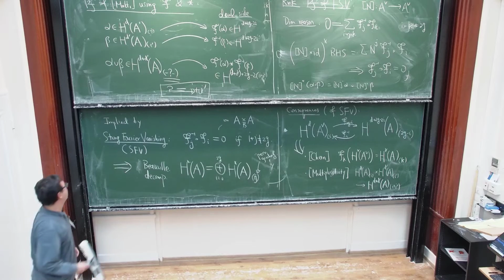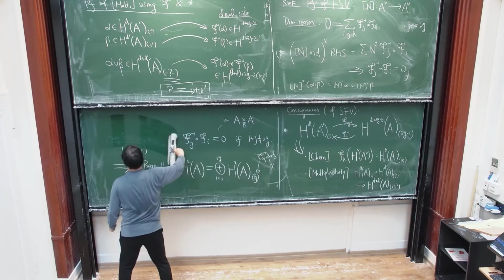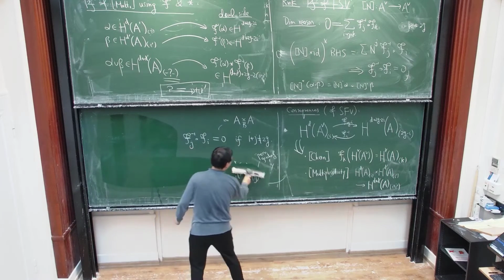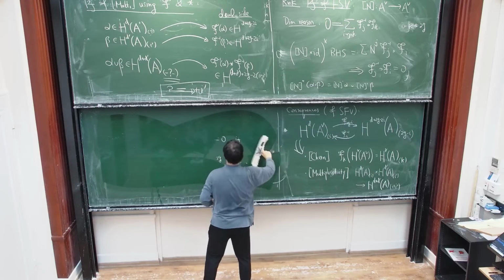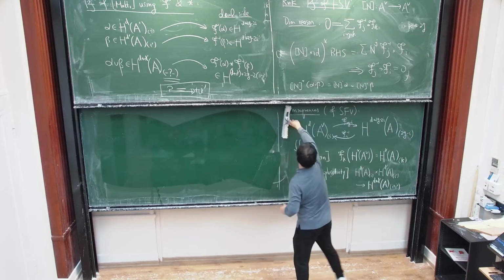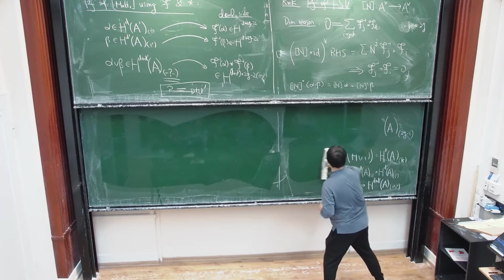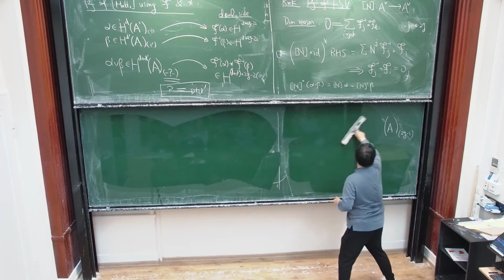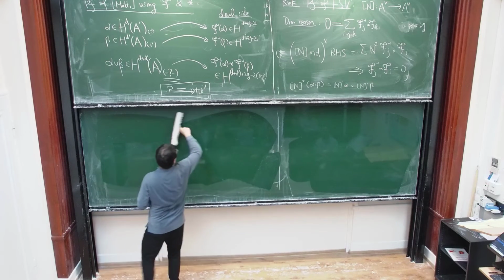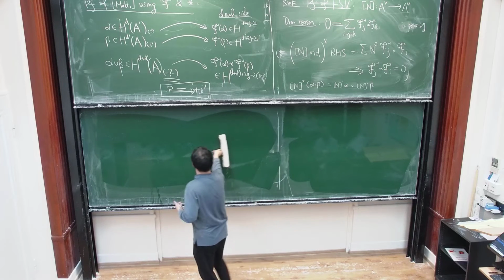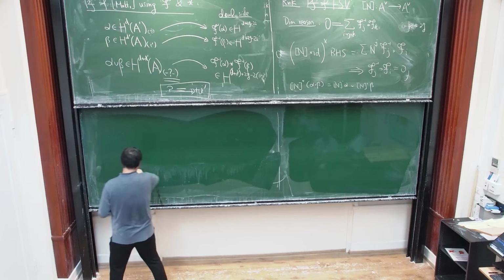Okay, now I'm switching to the singular case. Almost every step will go wrong in the singular setting, but I'll explain what we can do. Recall that in the smooth setting we have three ingredients essentially.